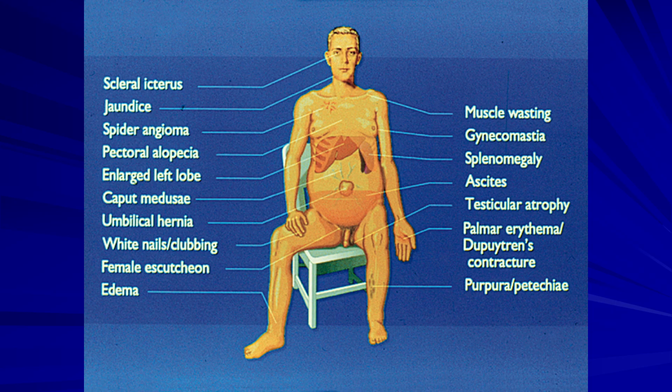There are also what we call stigmata of chronic liver disease, such as spider angiomas, as well as palmar erythema. There is the feminization syndrome findings in male patients, mainly testicular atrophy and gynecomastia. And there are also findings related to advanced liver disease, namely jaundice, scleral icterus, as well as proximal muscle wasting.